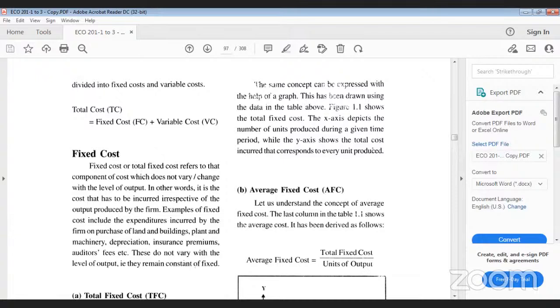Examples of fixed cost include expenditures incurred by the firm on the purchase of land and buildings, plant and machinery, depreciation, insurance premiums, and auditors' fees, etc. These do not vary with the level of output; they remain fixed.